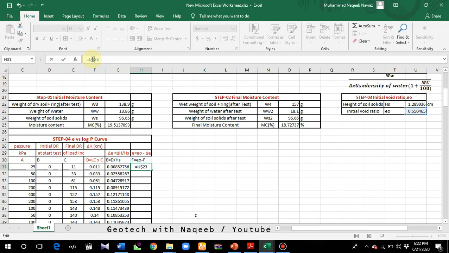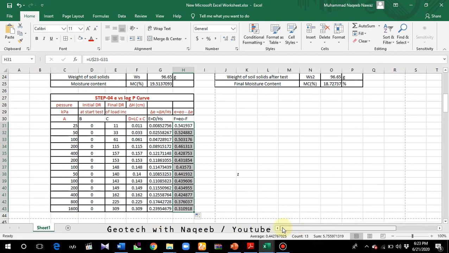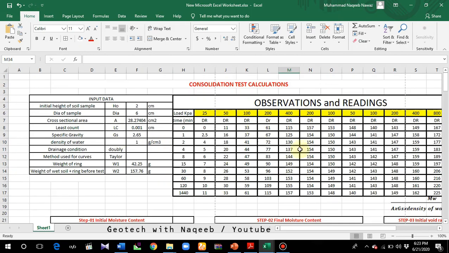I will apply the dollar sign here, minus this value, and okay, now I will check this one. So I have obtained both things, E here and P here as well. You see these will automatically change if you change anything over here.